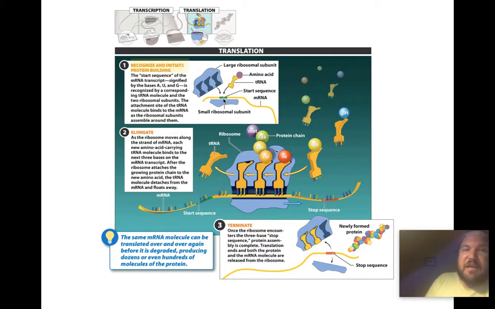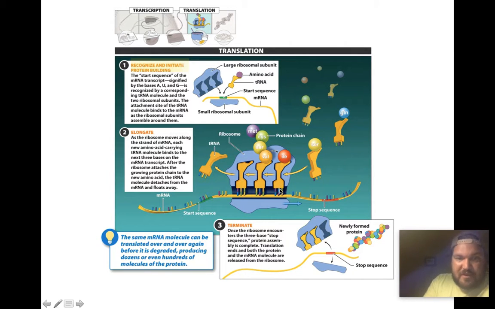Then we have elongation. Several tRNA molecules can fit inside of a ribosome at the same time. So the ribosome is moving down this mRNA transcript right here. You have the free tRNA molecules floating around. And what happens is as a tRNA molecule finds the correct codon on the mRNA sequence, it binds and then moves into the ribosome.